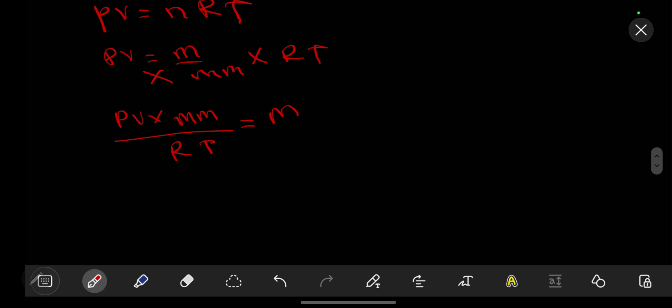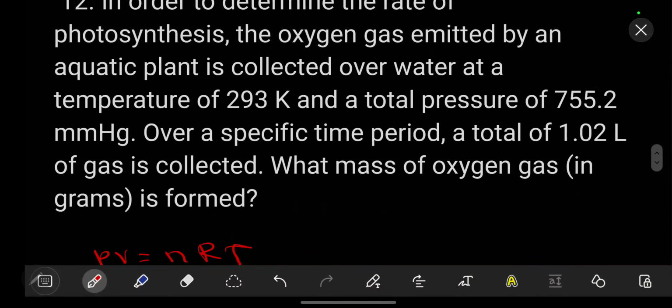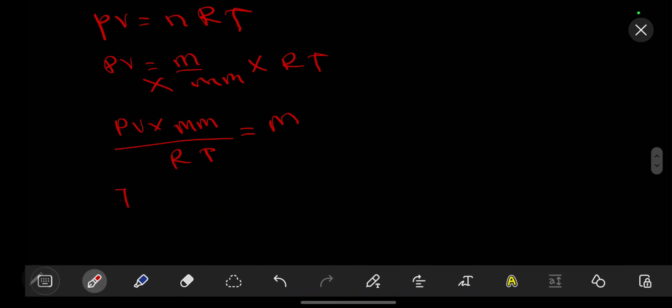So we are going to substitute. Now we ask ourselves, what is the pressure? The pressure is given in millimeters of mercury, so we have 755.2 millimeters of Hg.